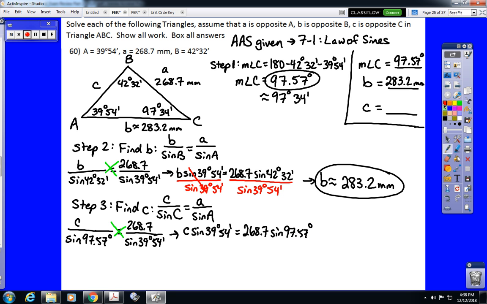And then we're going to divide by the sine of 39 degrees 54 minutes. I'm going to feed all of that to the calculator to get c. So that is 268.7 times the sine of 97.57 divided by the sine of 39 degrees 54 minutes.